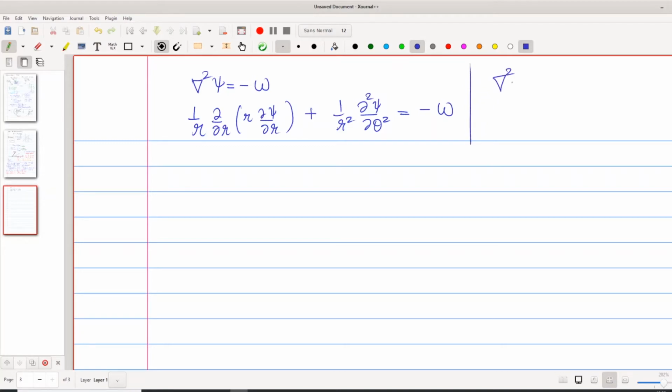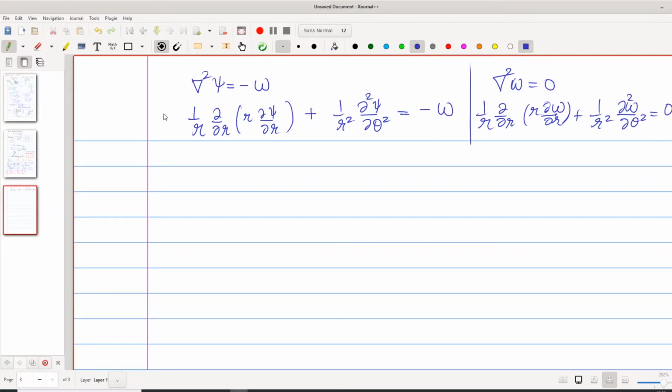And similarly, Laplacian of omega is equal to 0, meaning 1 by r del/del r of (r del omega/del r) plus 1 by r square del 2 omega/del theta 2 is equal to 0.